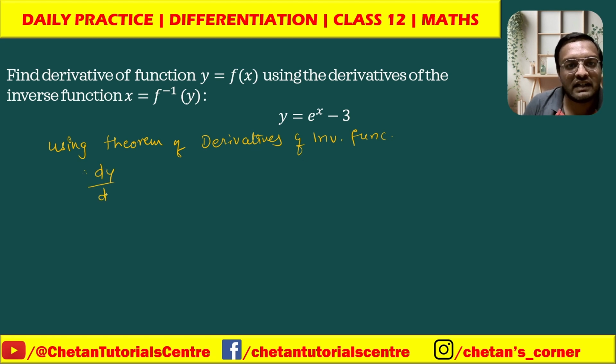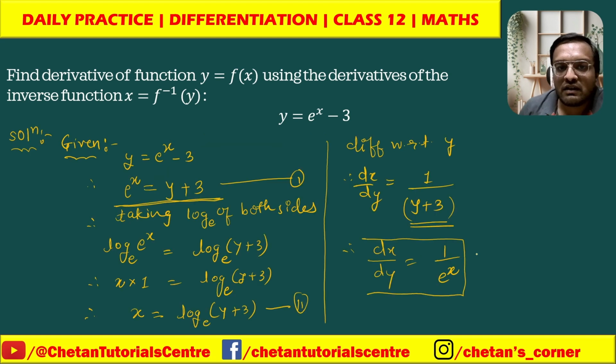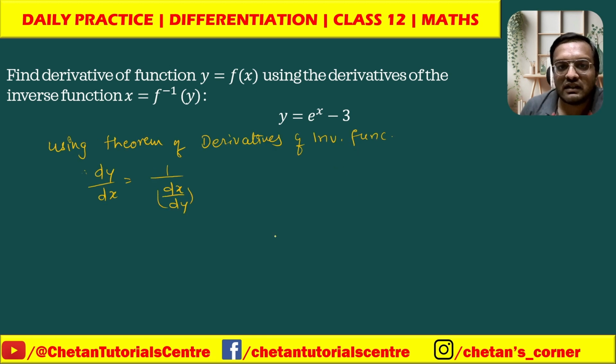I will get the value of dy by dx, which is equal to 1 upon dx by dy. Now I will substitute the value of dx by dy over here. Then what I will get? 1 upon 1 upon e raised to x. Dy by dx is equal to e raised to x. This is our required answer.